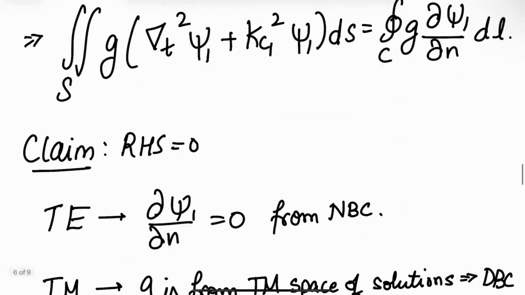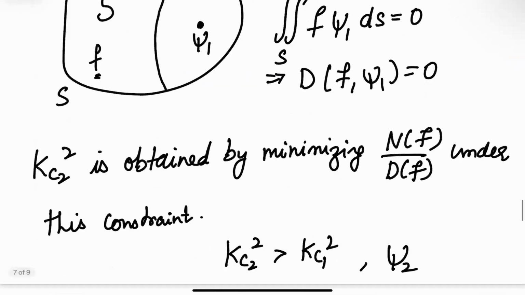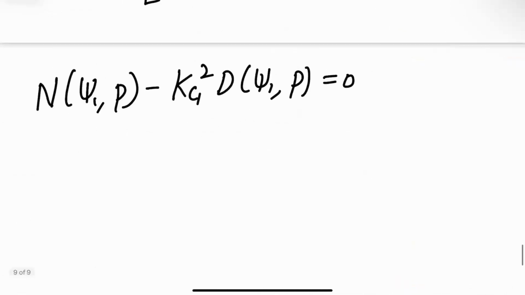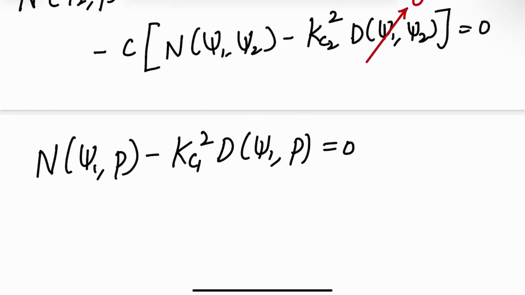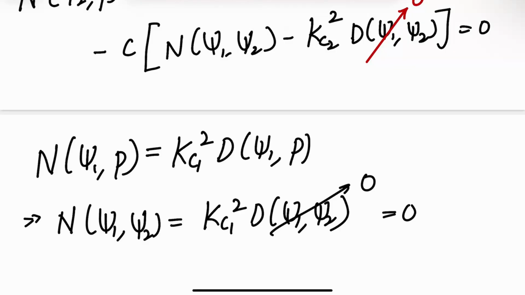If you go back all the way, exactly here, psi 1 with any other function G is 0. And that's exactly this. So I can write this as this is equal to this, which means N of psi 1 comma psi 2 is Kc1 square D of psi 1 comma psi 2. But this is 0, which means this is also 0, which means this term is also 0.